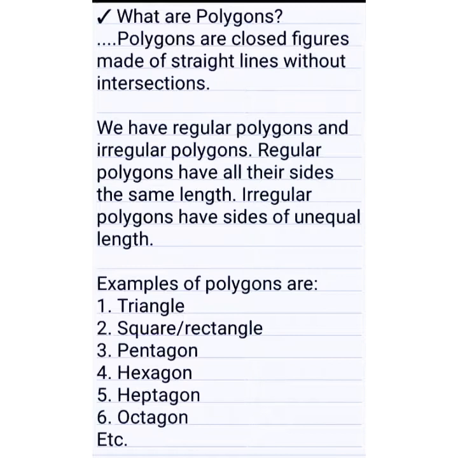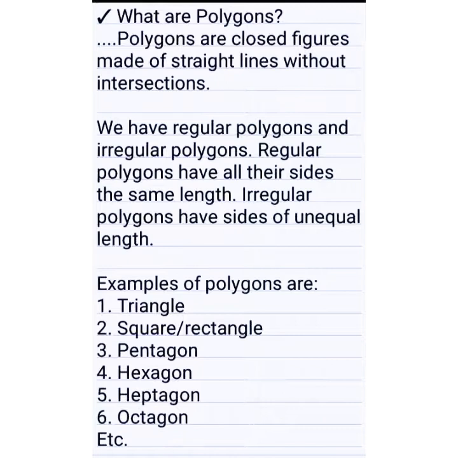We have regular polygons and irregular polygons. Regular polygons have all their sides the same length. Irregular polygons have sides of unequal length.